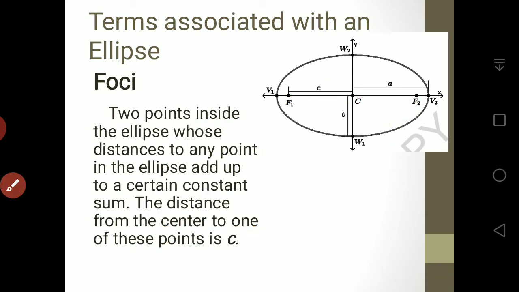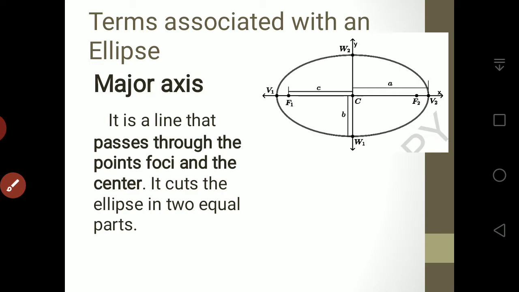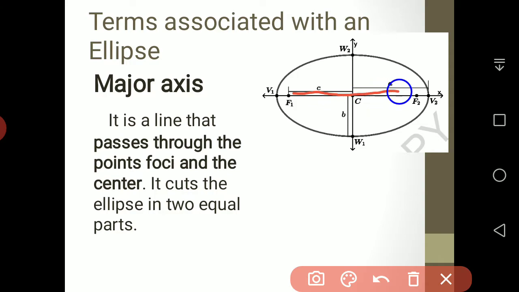We move on. The major axis is a line that passes through the foci and the center. As mentioned a while ago, the 2 foci and the center are collinear, and the line containing them is what we call the major axis. Why is it called the major axis?